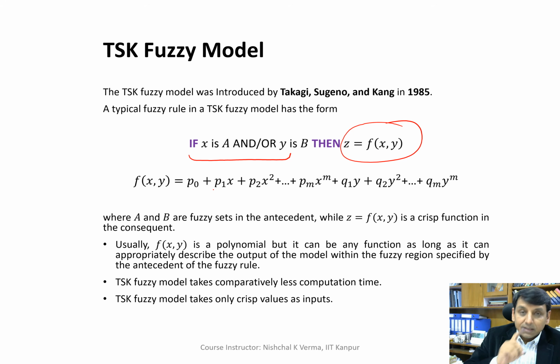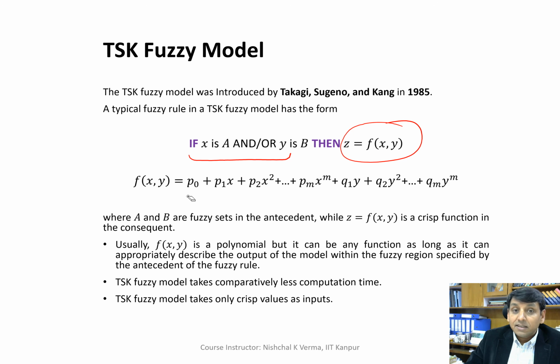So here in this polynomial we have a constant, which is p0, and then we have the first degree terms of x and y like p1 x, q1 y.